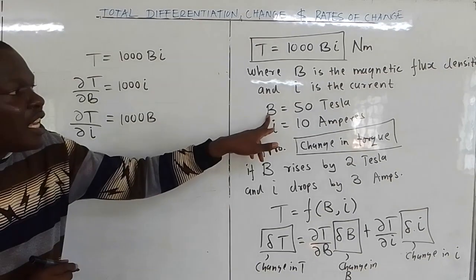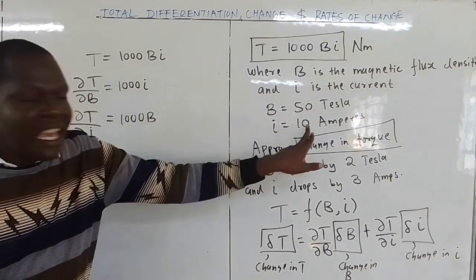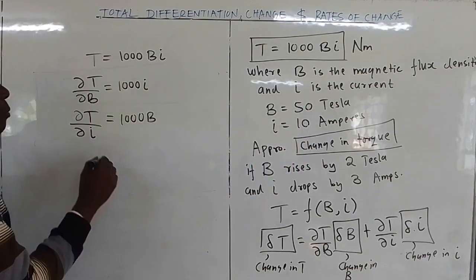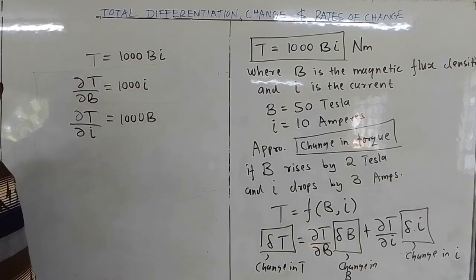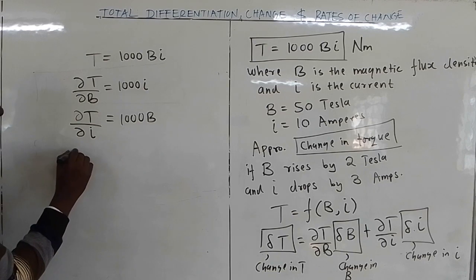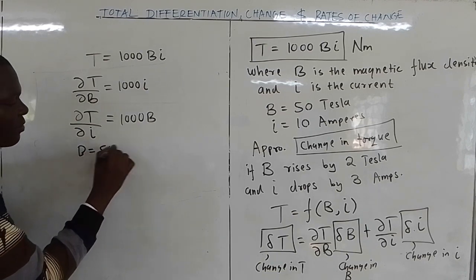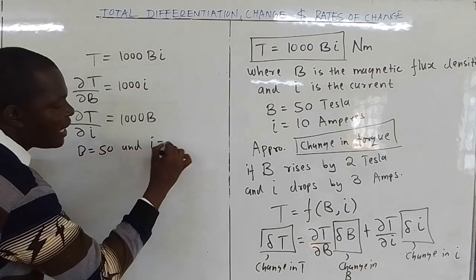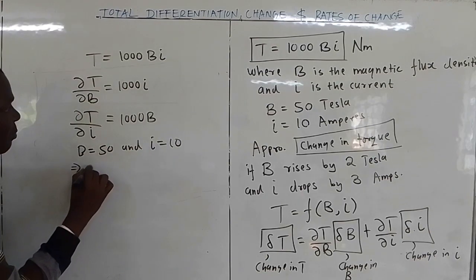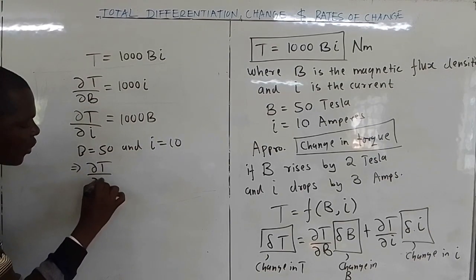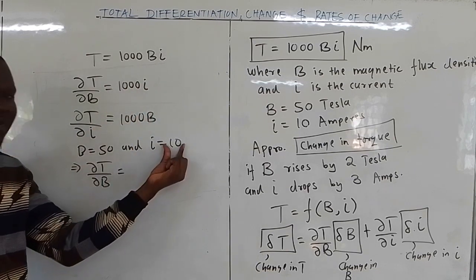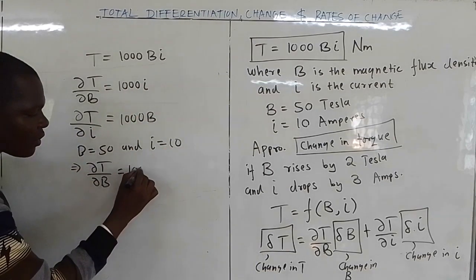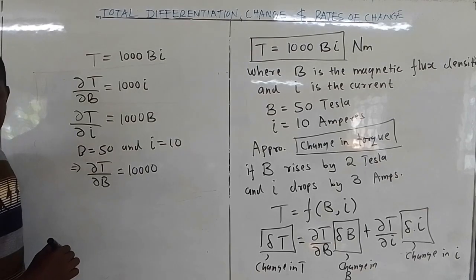And what have you been told? You've been told B is 50 and I is 10. Meaning where there is B, you put 50, and where there is I, you put 10. So if B is 50 and I is 10, then it simply implies that partial T with respect to B is what? 1000 I. 1000 times the value of I, you get 10,000.